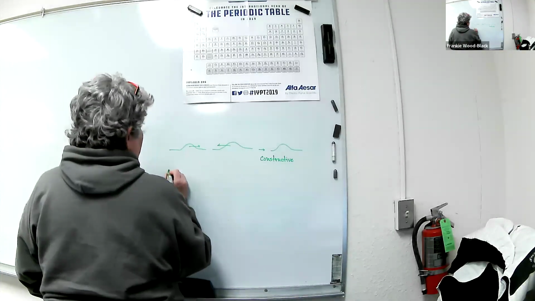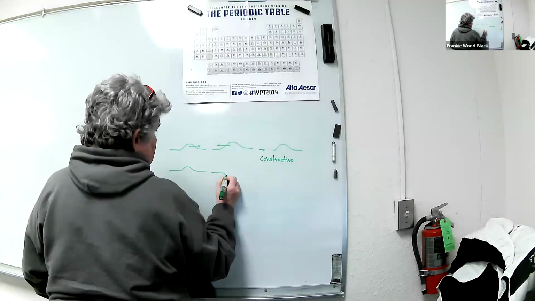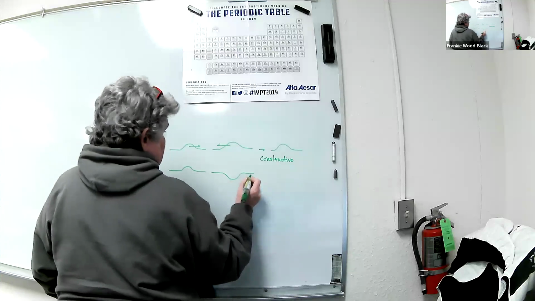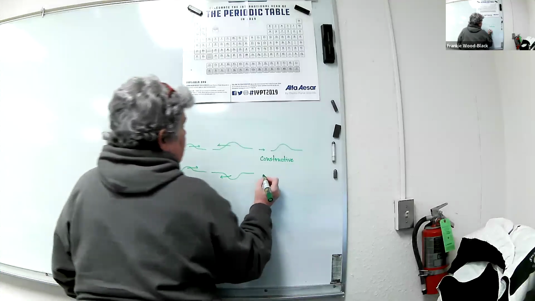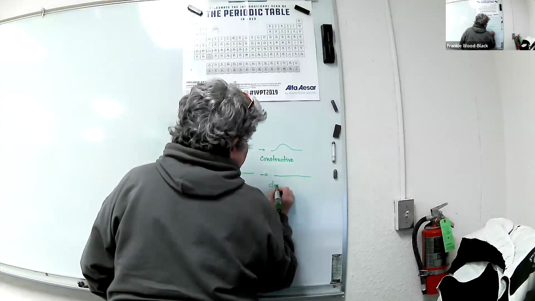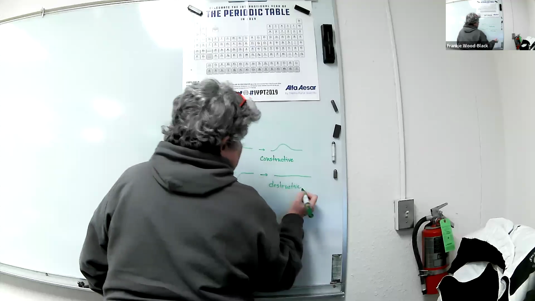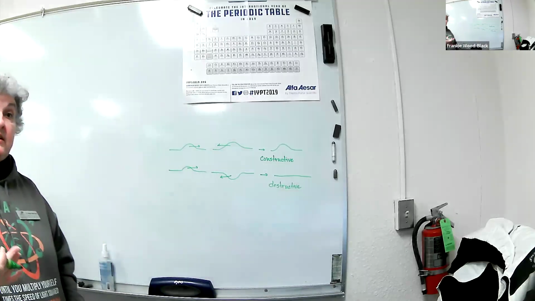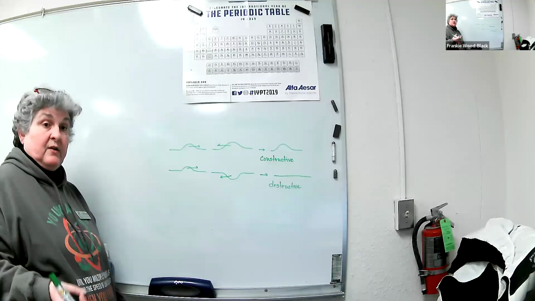But I can also have a wave that's going to interact with a wave that looks like this. This wave is going to come in, this wave is going to come in, and I'm going to get a wave at some point that looks like this. This is destructive.